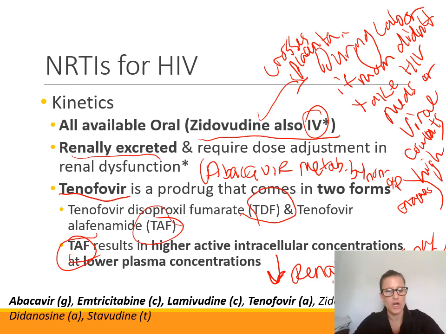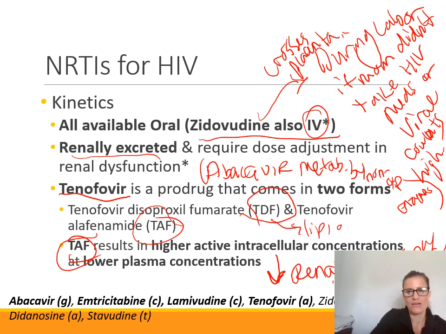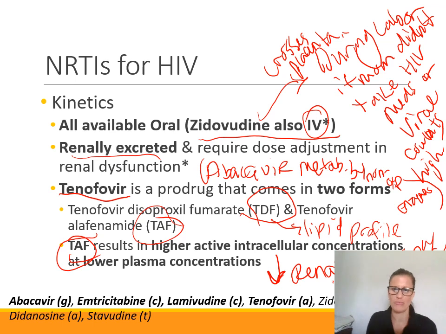Both of these are side effects of tenofovir, which we'll talk about on the next slide. But the TAF has fewer of these adverse drug effects. TDF, though, actually has a better lipid profile. They can increase plasma lipids, but TDF has a better lipid profile.